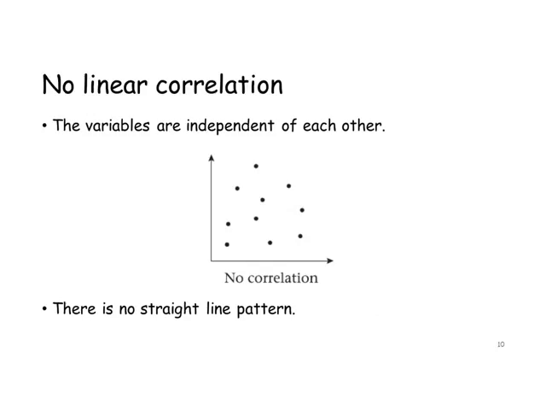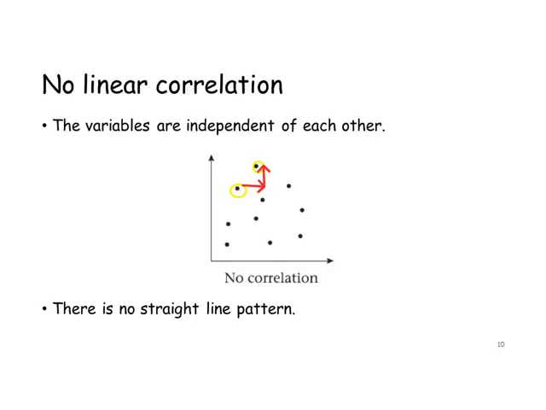The third example is where the variables are independent of each other. There is no pattern. And you can see that if I consider that point and that point, then the horizontal variable has increased and the vertical variable has increased.